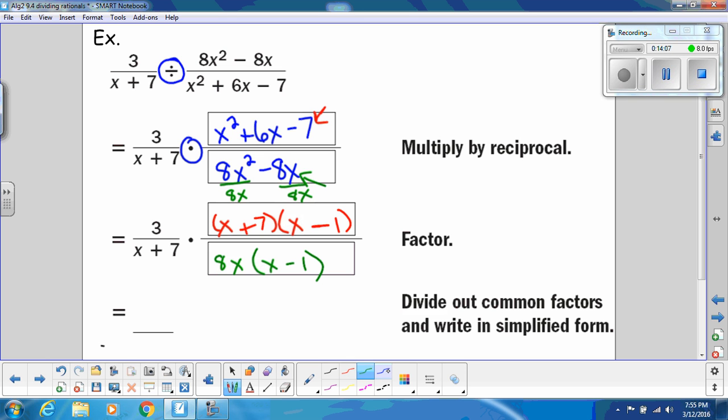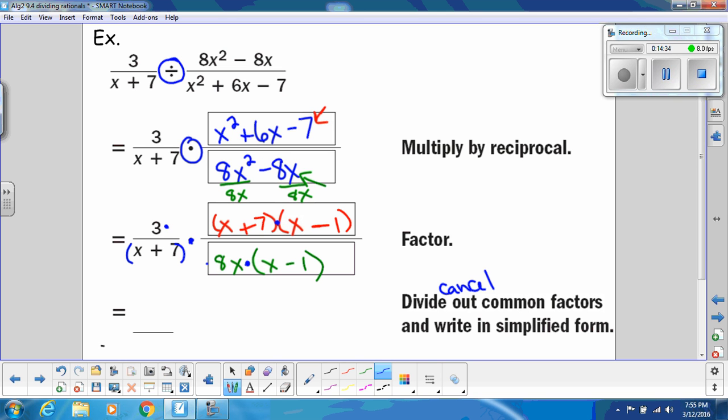So now we're at the canceling phase. This is where it says divide out common factors. This really means cancel. Cancel what you can. Remember, you can only cancel things that are multiplied. So what's multiplied? Well, this 3 is multiplied by all of that. This is multiplied together. This x plus 7 is multiplied by this, and 8x is multiplied by this parenthesis.